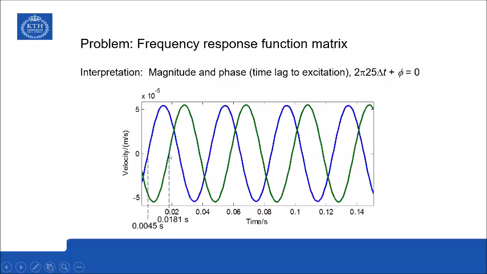But now it's slightly more, so it's somewhere between pi and pi half. And in this case, the time shifts relative to the force, exciting force F1, is 4.5 milliseconds and 18.1 milliseconds for the two responses.